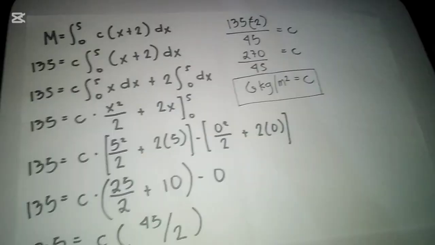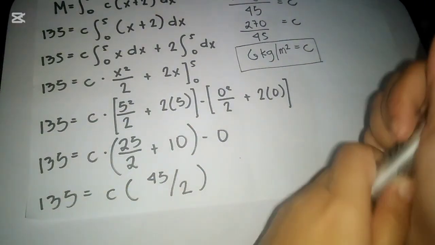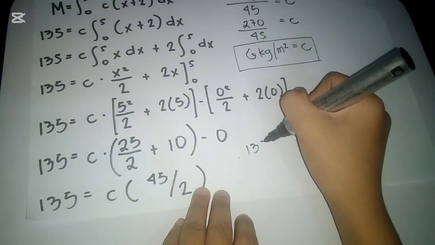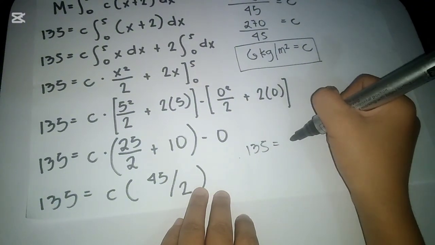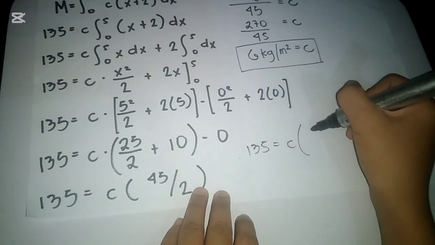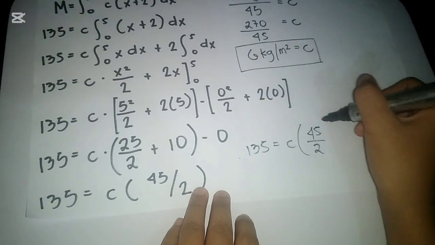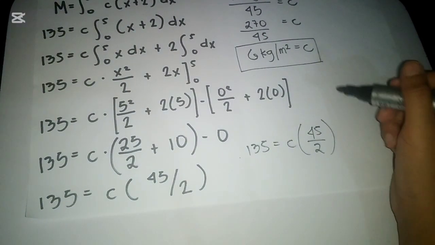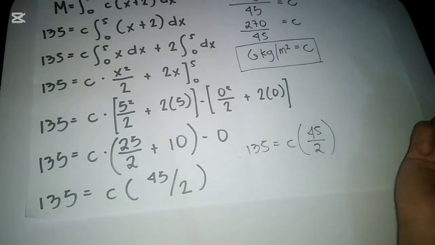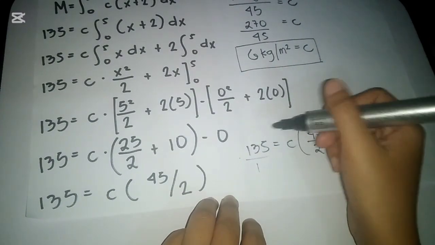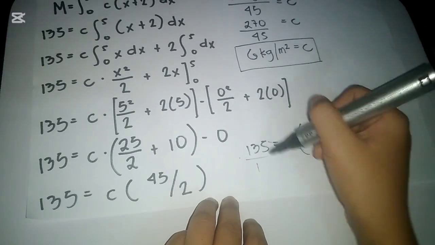Now, in identifying the linear density, all we need to do is cross multiply this. So it looks like this: 135 over c equals 45 over 2.